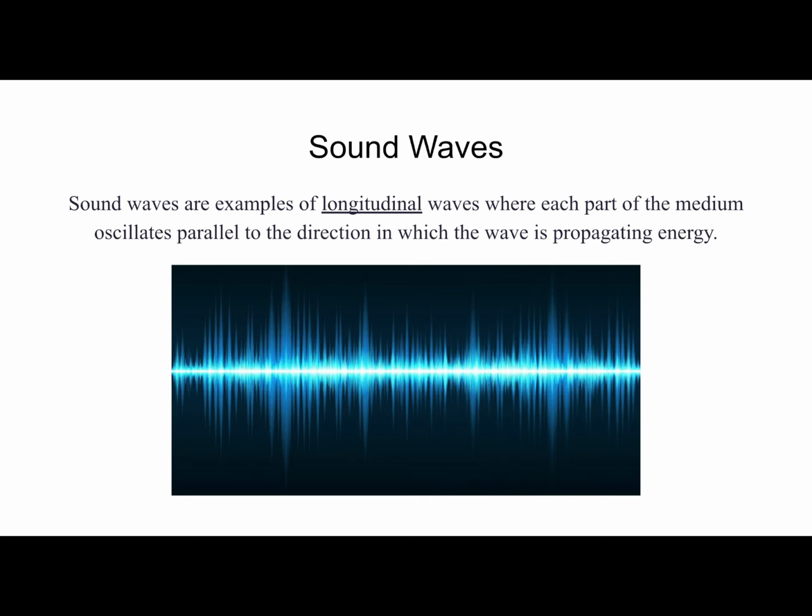Finally, we'd like to touch base upon sound waves. Sound waves are examples of longitudinal waves, as previously stated, in which each part of the medium oscillates parallel to the direction in which the wave is propagating energy. Sound waves create a series of compressions and rarefactions, and all waves have a specific frequency, but there are frequencies of sound that we humans can hear.